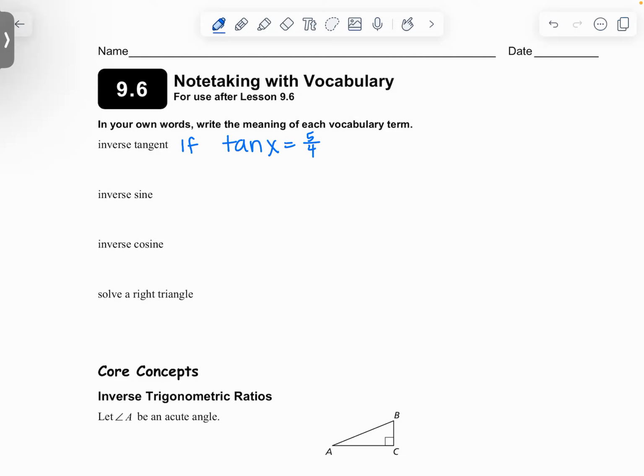That's not how it works because that's not multiplication. We're inside of the tangent. So in order to undo something, we need its inverse. So we have the inverse tangent function. If we have something like this, then x is going to be the inverse tangent of the number.